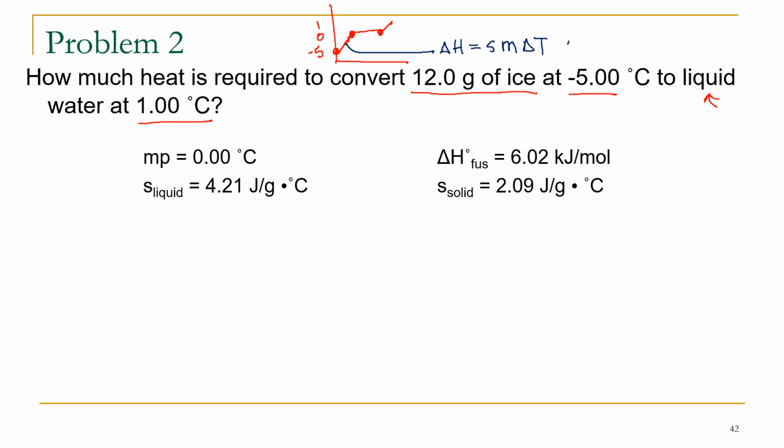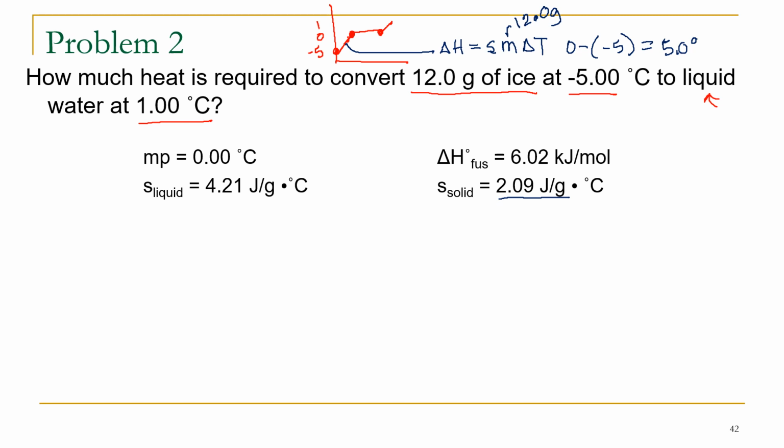So delta T is 0 minus a -5, or 5 degrees. M is the mass, and it's 12 grams. And we need the specific heat of ice, which is right here. Specific heat of the solid is 2.09 joules per gram degree Celsius.